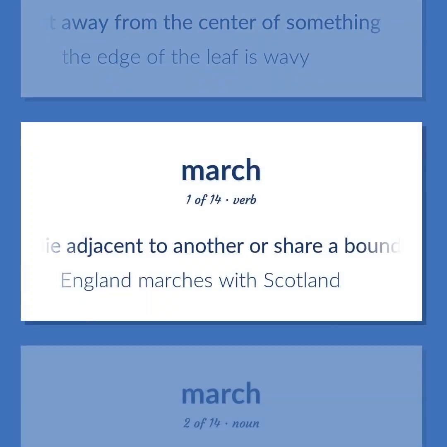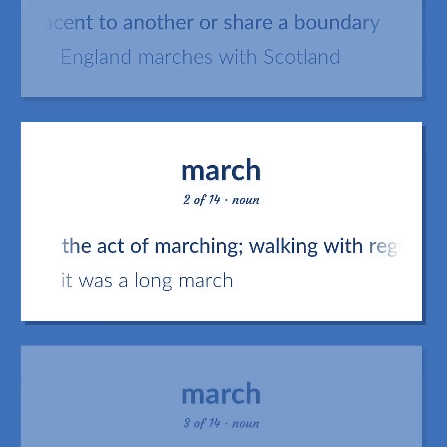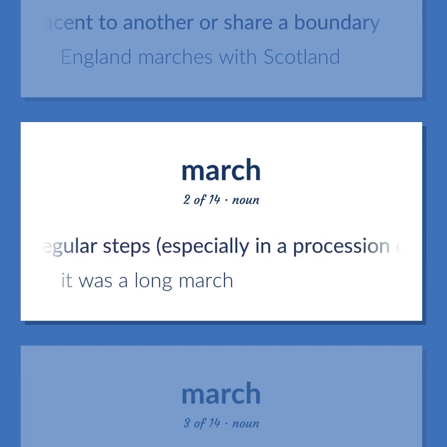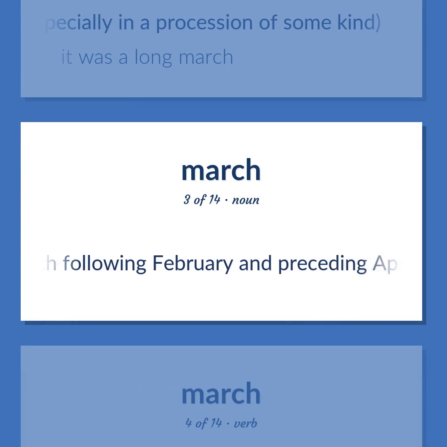Lie adjacent to another or share a boundary. England marches with Scotland. The act of marching, walking with regular steps, especially in a procession of some kind. It was a long march. The month following February and preceding April.